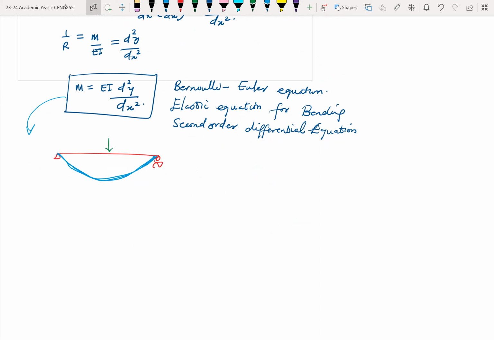So let's say we integrate this equation once. So let's start with some key information. Let's say we integrate the equation above. Okay. So EI d squared y over dx squared is equal to M. All right, so let's integrate both sides.